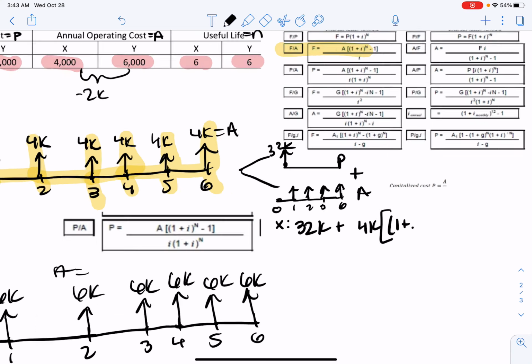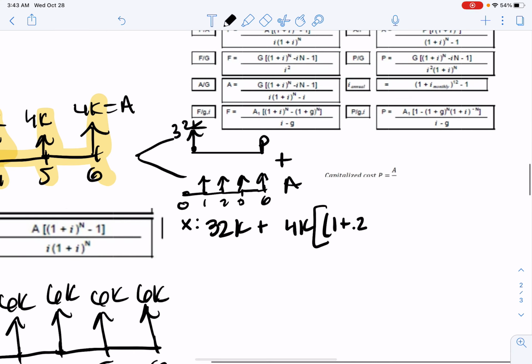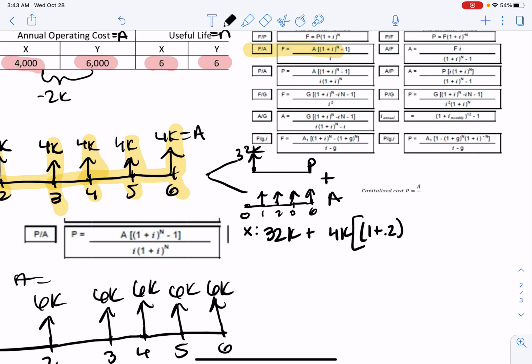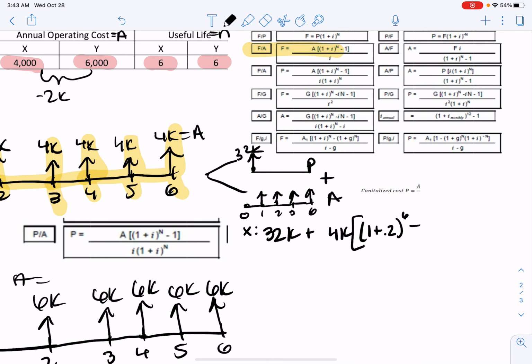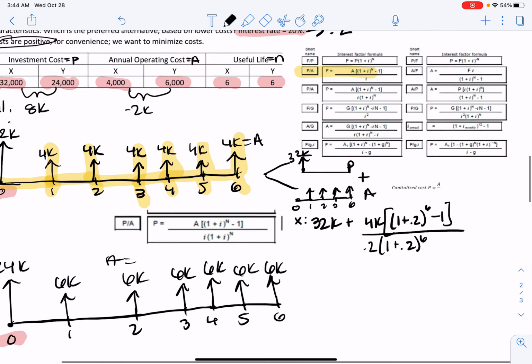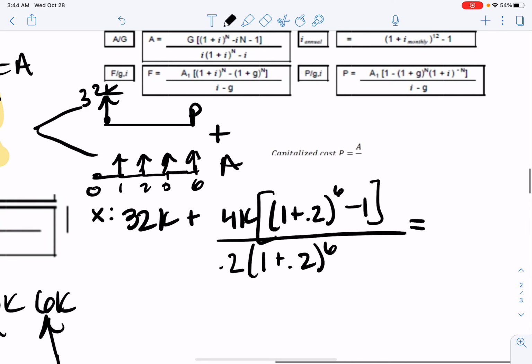So it would be 1 plus 0.2 to the power of n, which is 6, minus 1, all over our interest, 0.2, times 1 plus that interest to the power of 6. And then this yields $45,302.